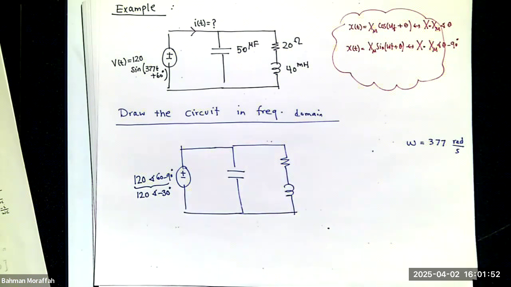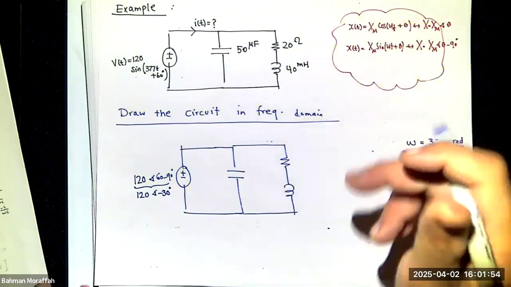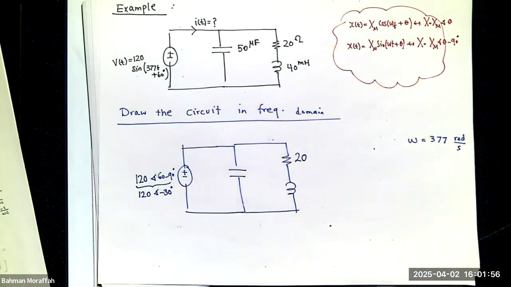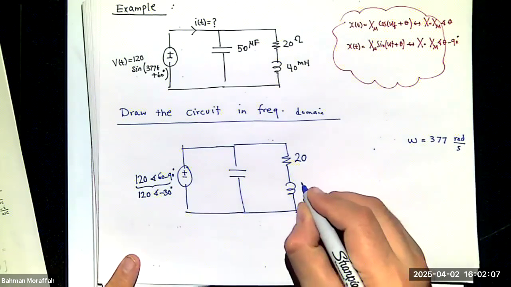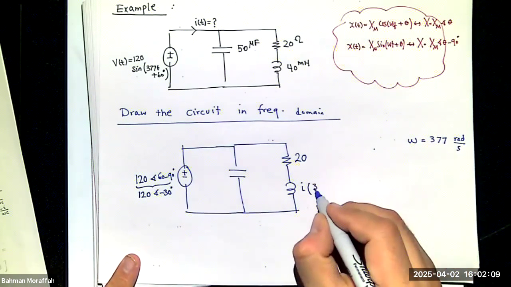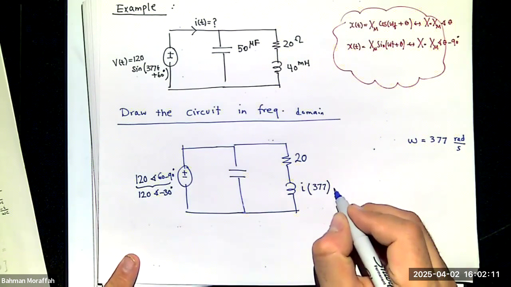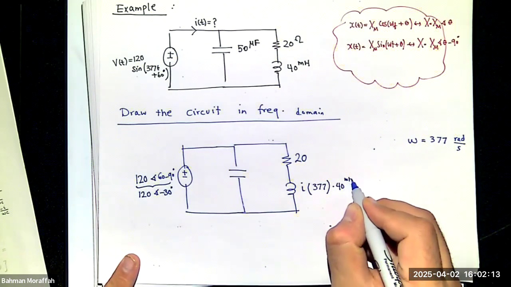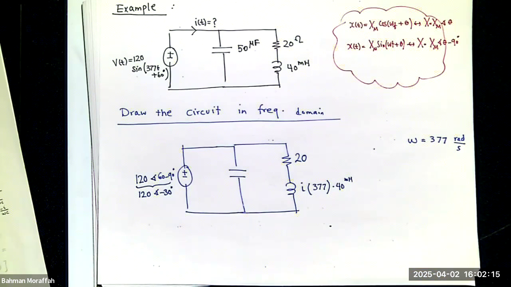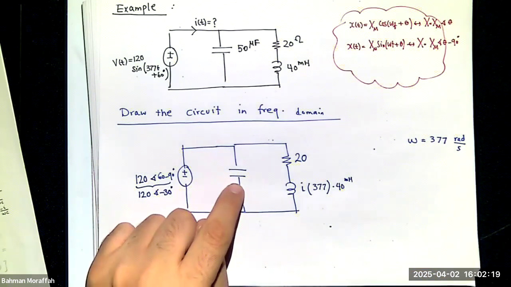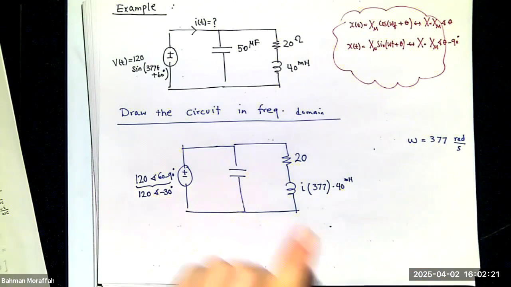What is the phasor representation of this R? It remains unchanged. So if over here it's 20, down here is still 20. What is the phasor representation of L? It's j omega L. So it's j times omega times L. What is the phasor representation of this capacitor?